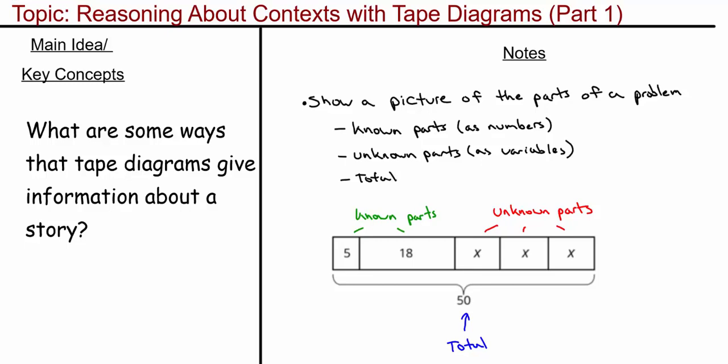They show us the known parts as numbers, and this is from the first problem we looked at today. And they also show us some unknown parts as variables. And then they also show us what the total amount is.